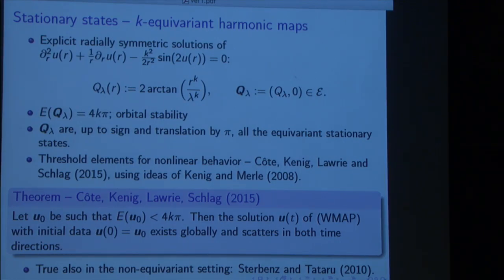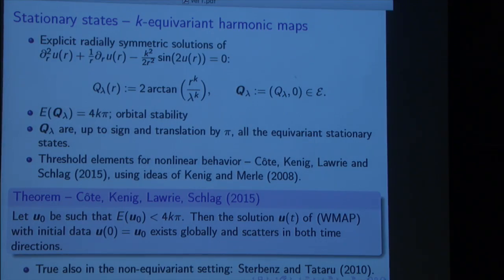So one might ask, what would be the threshold? Is it really 4kπ, or maybe if we assume that U0 has topological degree 0, because we know that it has to have topological degree 0 if you want the solution to scatter, then maybe this threshold is different, because Q is not a witness for optimality anymore in this setting.